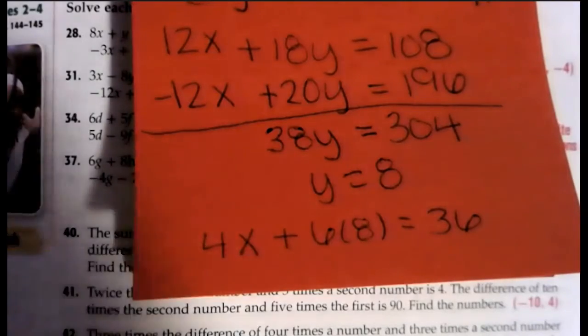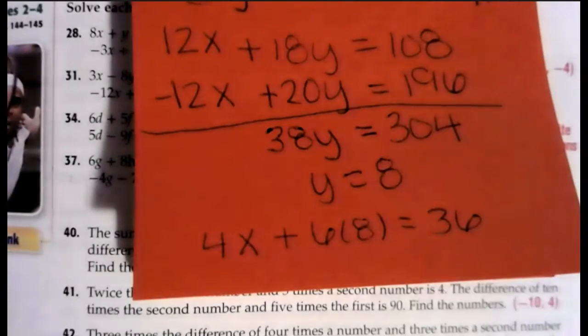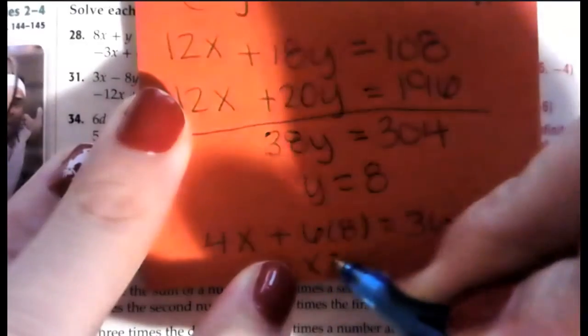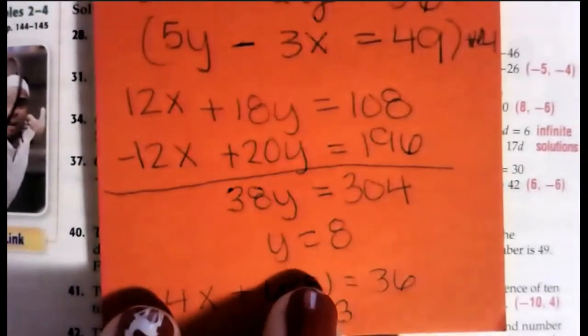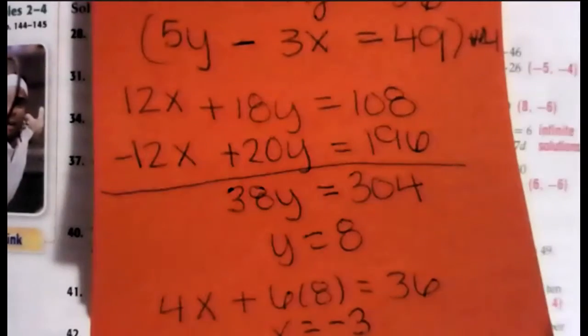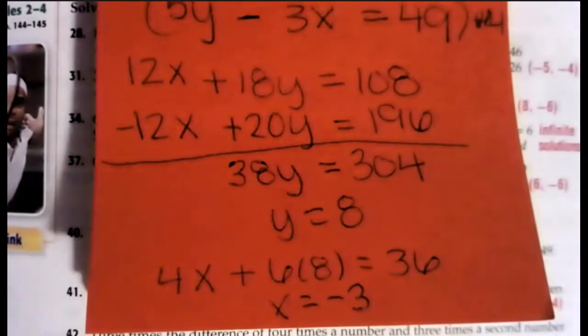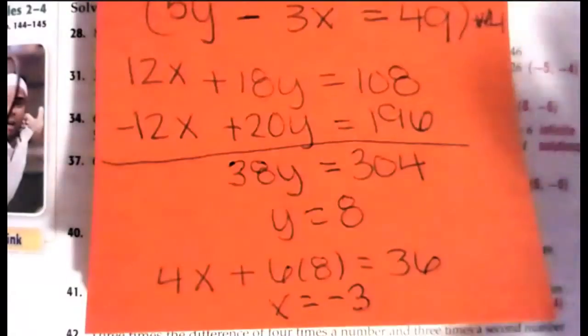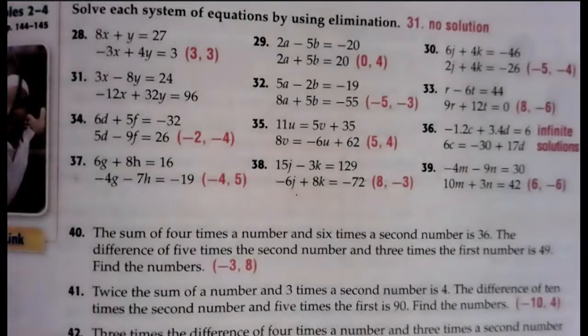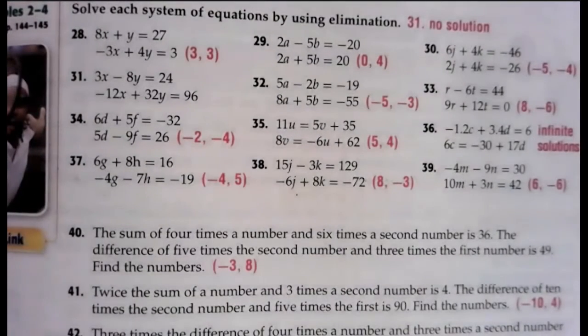Divide -12 by 4, and you got x equals -3. Okay? So that kind of summarizes our homework assignments from the past 2 days.